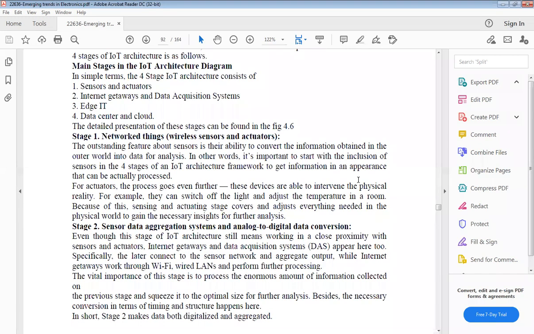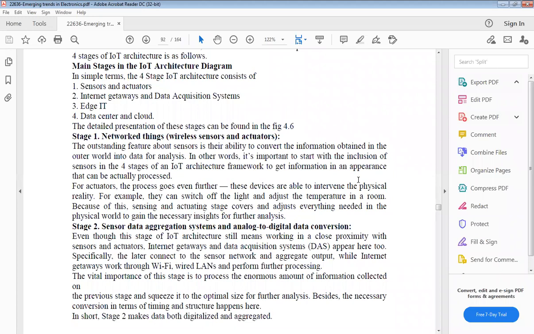That data is already in a suitable format, so it is directly passed to the cloud through the gateway. And for sensors which give output in analog form, first of all, using digital modulators or an analog to digital converter, the data is converted to digital form and then given to the data acquisition system so that the data can be logged into the cloud.